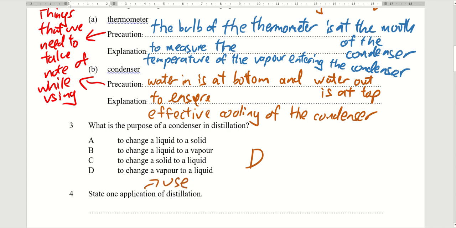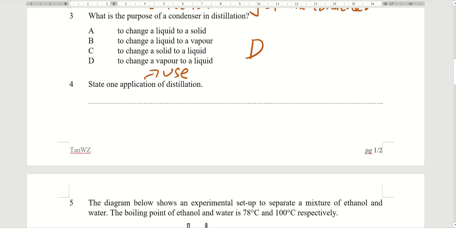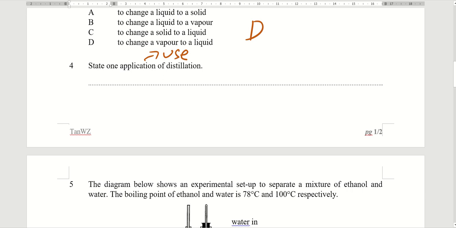There are quite a number of uses of distillation. One of the most common uses of distillation would be to separate water from seawater.